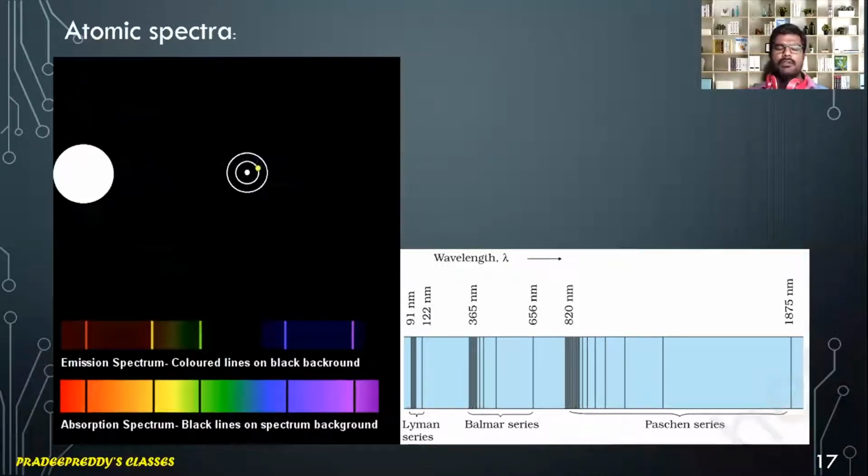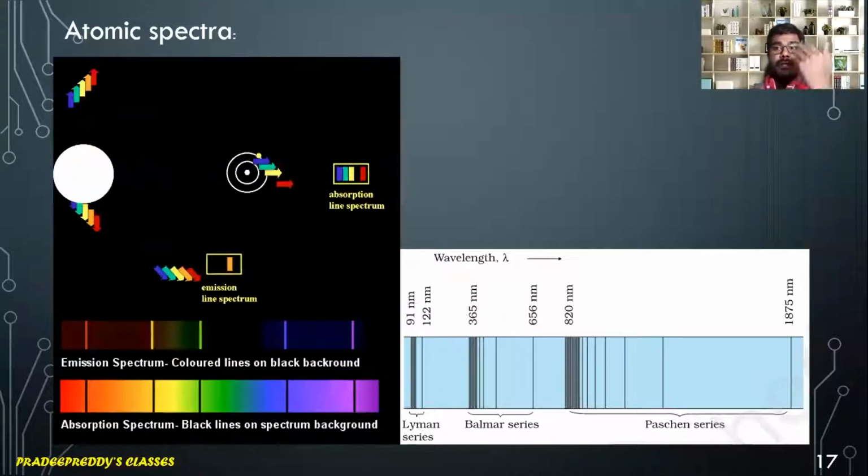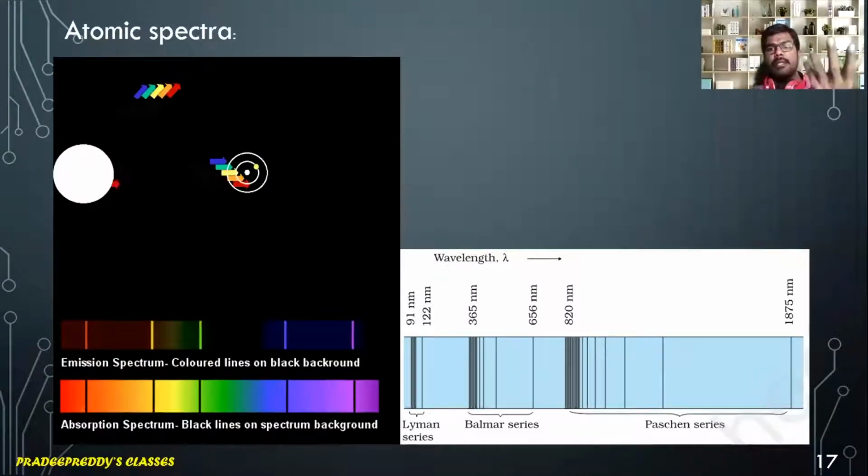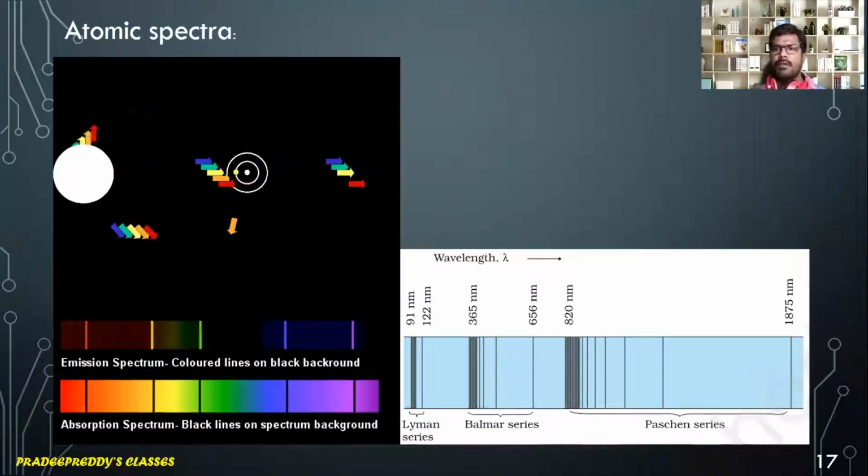So when multiple colors of light are incident upon an atom, it absorbs some radiations, and after absorption it emits radiation. The light which is absorbed gives the absorption spectrum, and the atom, after absorbing some radiations, will emit radiations, which is called the emission spectrum.